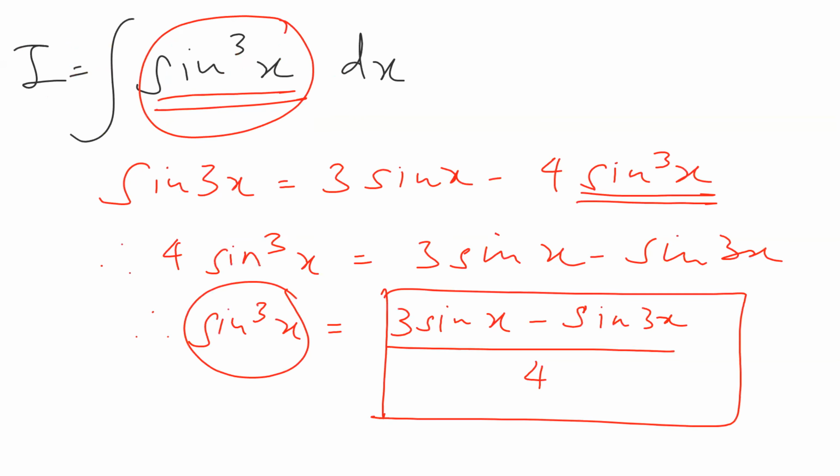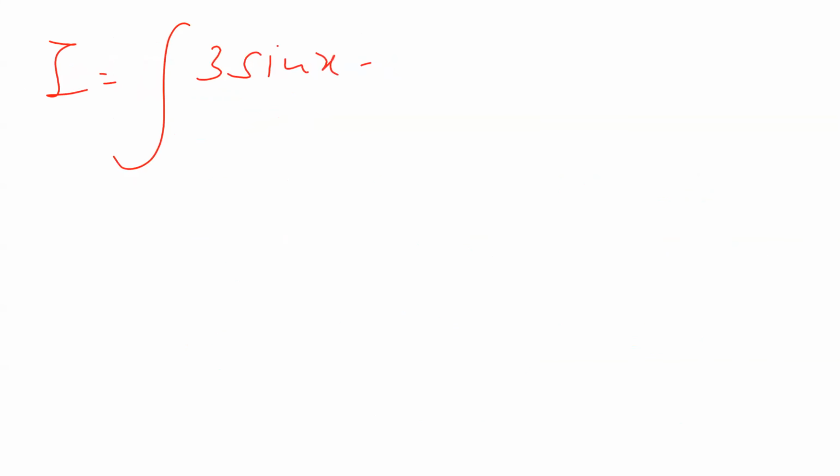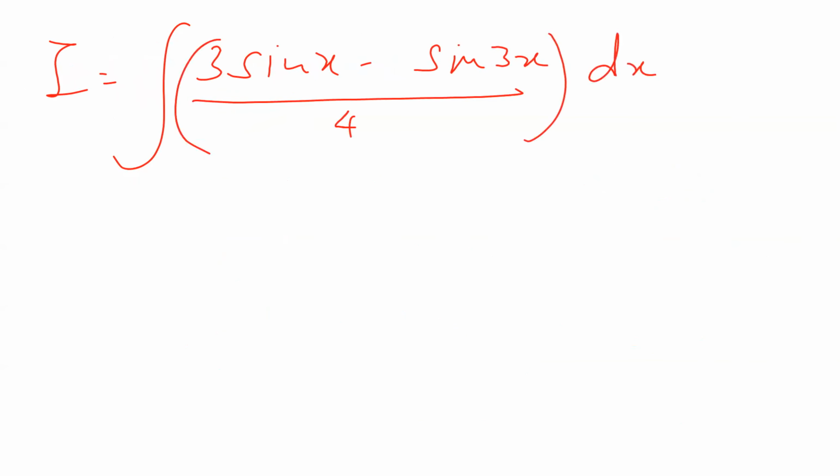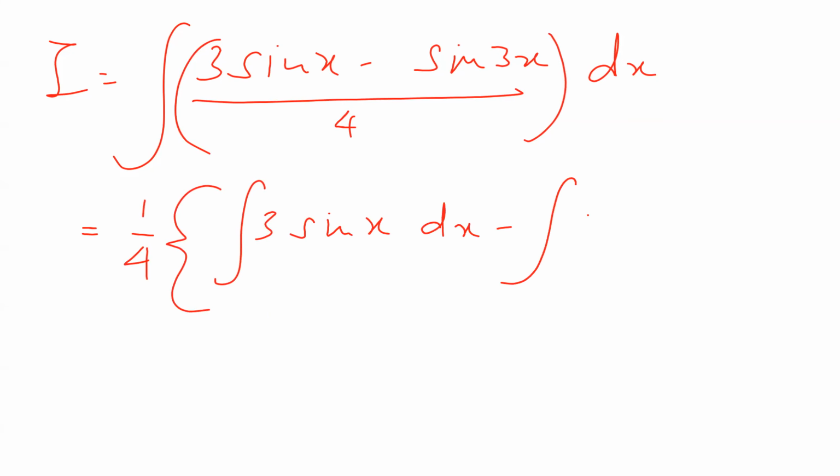So integration of 3 sine x minus sine 3x upon 4 dx. 1 upon 4 goes outside. Integration of 3 sine x dx minus integration of sine 3x dx.